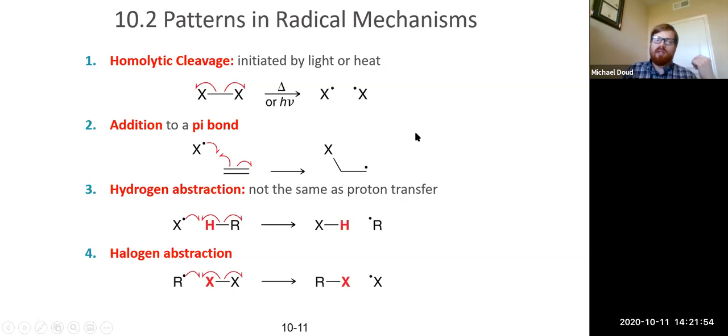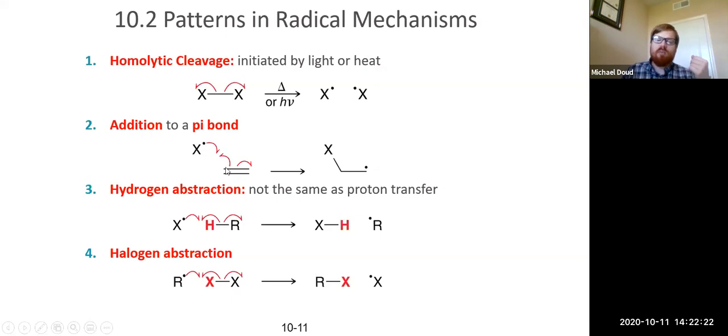Next up, we have what's called addition to a pi bond. So this one looks a little different. This is going to be our first new looking pattern that we've seen. But this addition to a pi bond, basically it takes the radical X here, so the radical electron from X in this case, and we're going to form a new sigma bond by taking that electron along with one of the electrons from the pi bond.